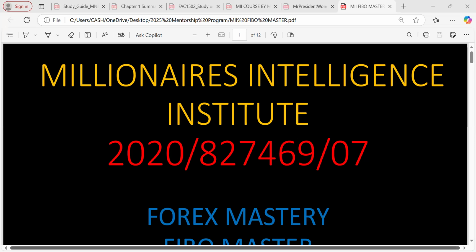So tonight, the main focus we have discussed is going to be the Fibonacci. Before we move on to Fibonacci, did anyone get a better understanding by looking at the market in terms of the candlesticks? I just want to confirm that.